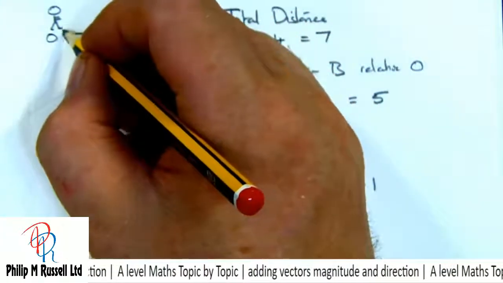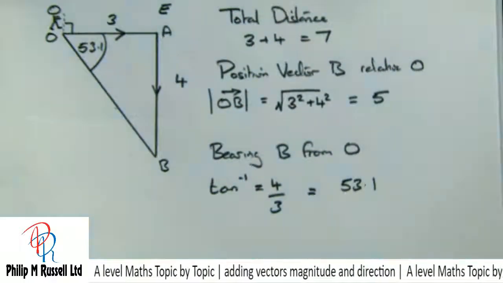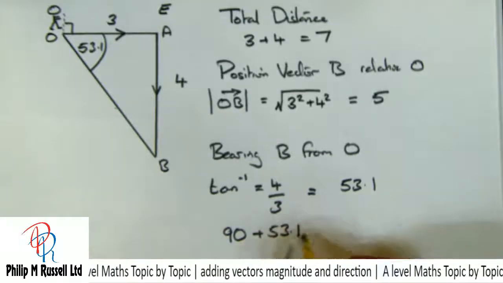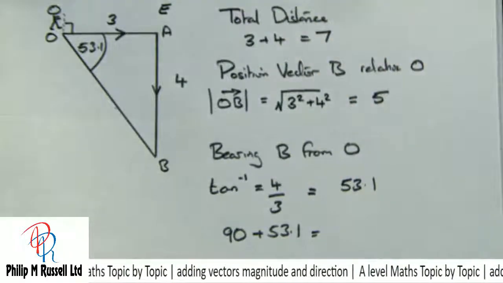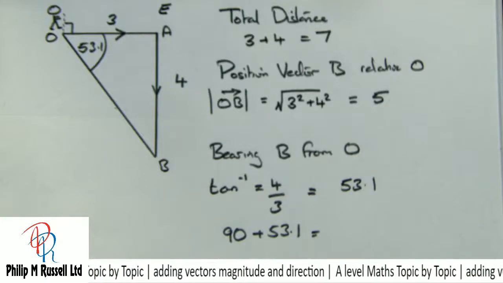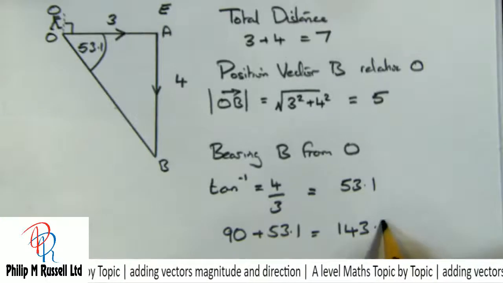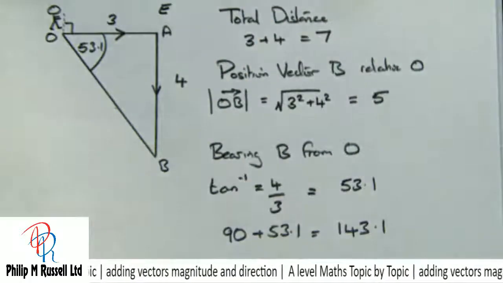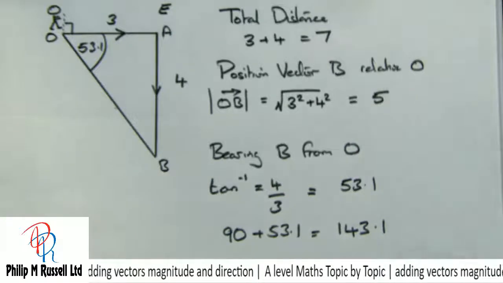Of course, we had an additional 90 up there, so this is going to be 90 plus 53.1, and all we need to do is work that out as 143.1, and I've managed to work out a typical sort of problem of modelling with some vectors.